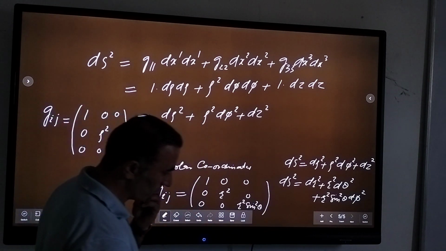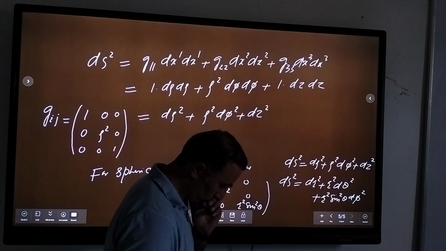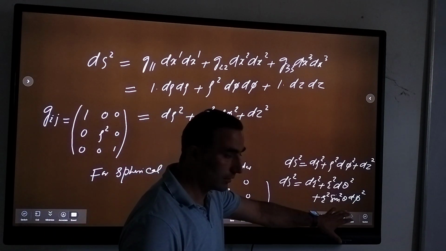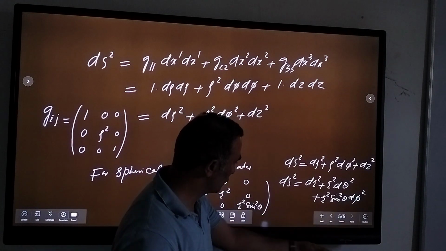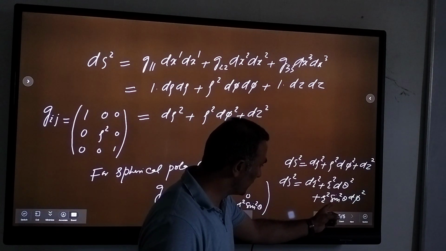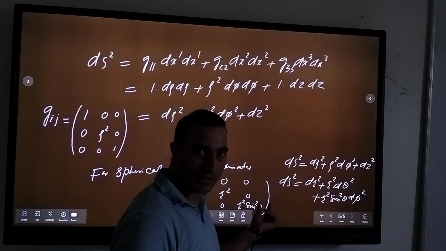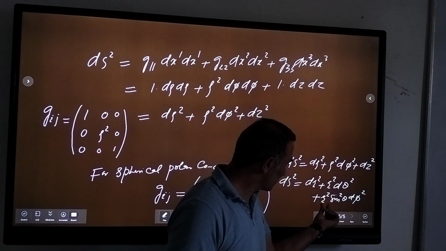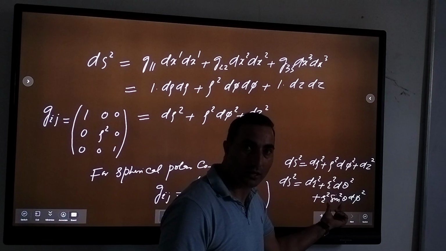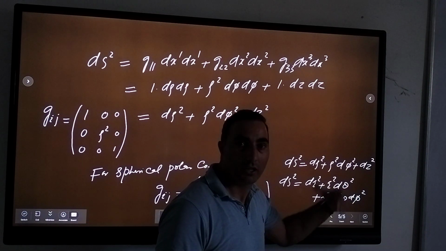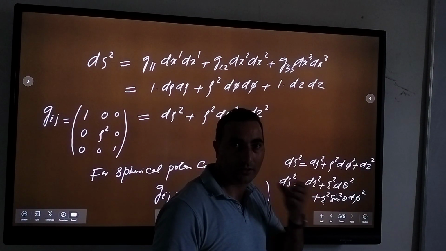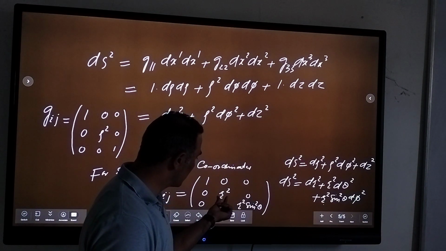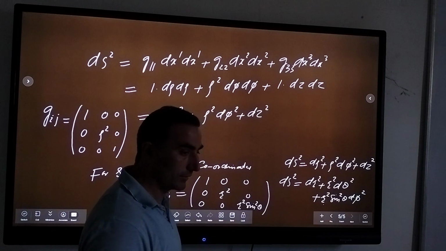So this should be there for this. If you write for spherical polar coordinate, तो यहाँ पे जो हमारा G33 होगा, that will be r square sin square theta, because by multiplying by r sin theta or r square sin square theta, it makes it the units of length, I can say, right? So similarly, G22 is r square and G11 is 1, right?